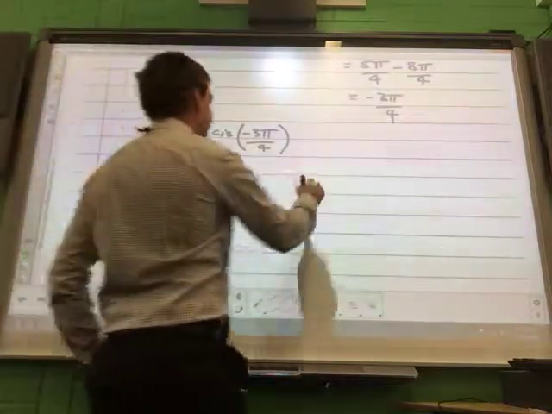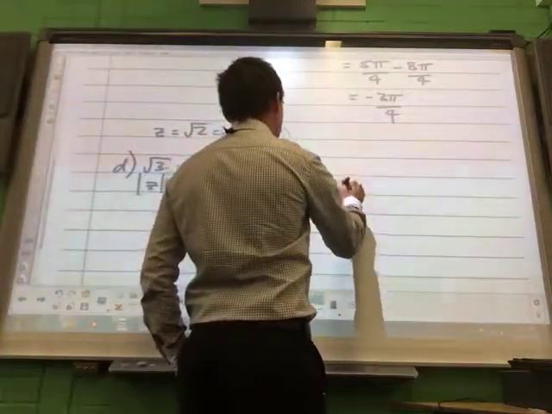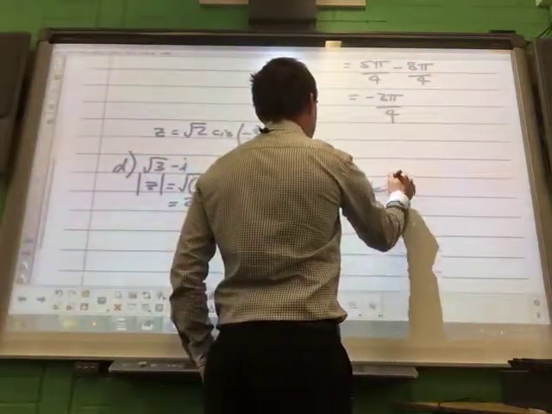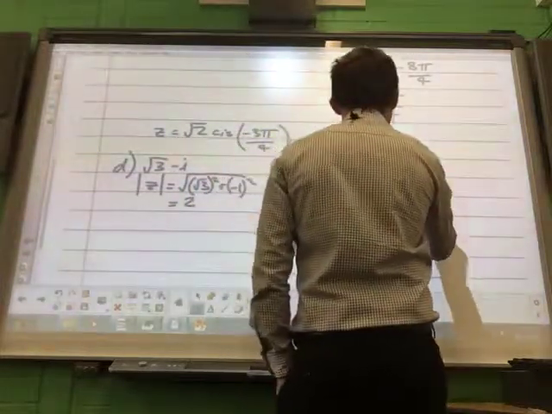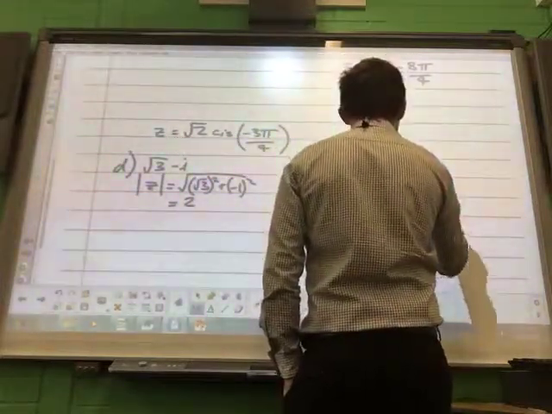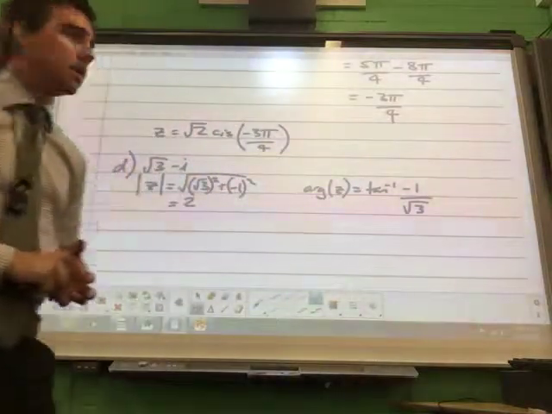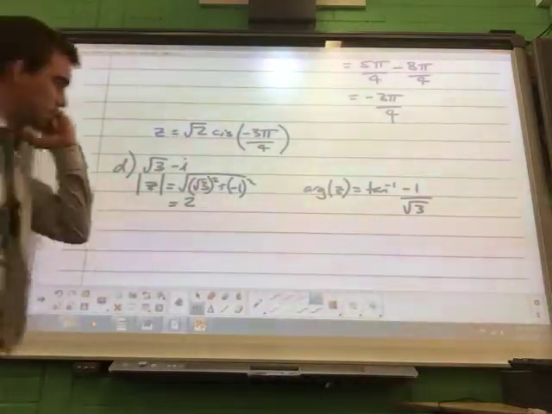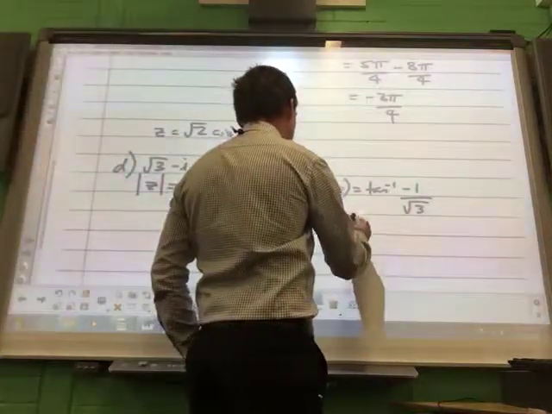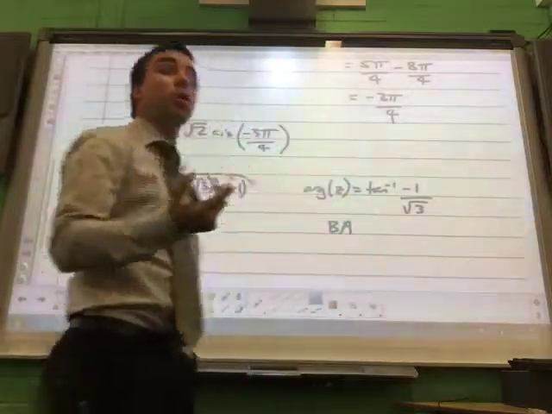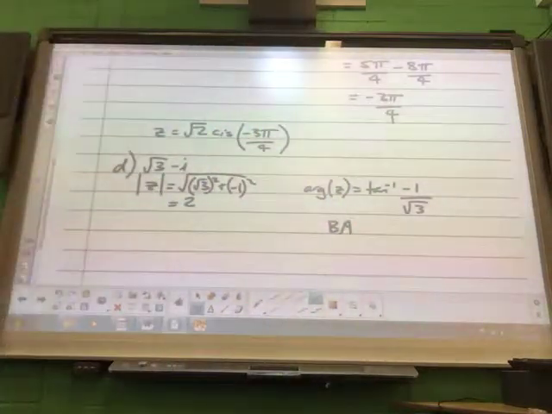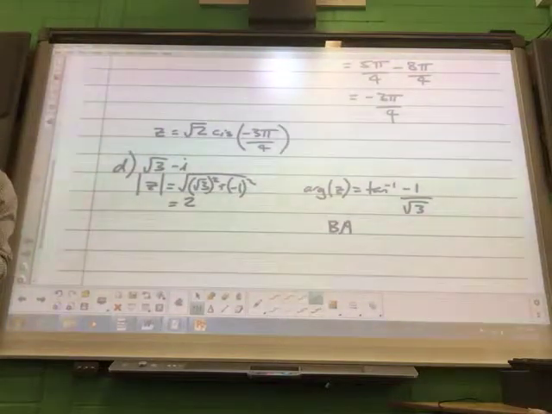And the argument is tan inverse of the imaginary part, -1, over the real part. We can ignore the sign if we consider where the complex point is. But before we go there, what's the basic angle?